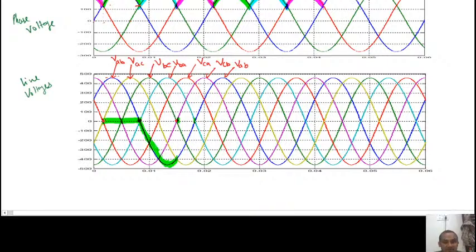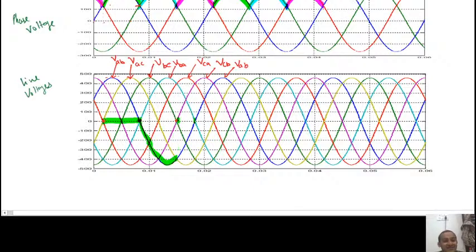Let me rub it and mark it again. It will go up to 120. Why up to 120?